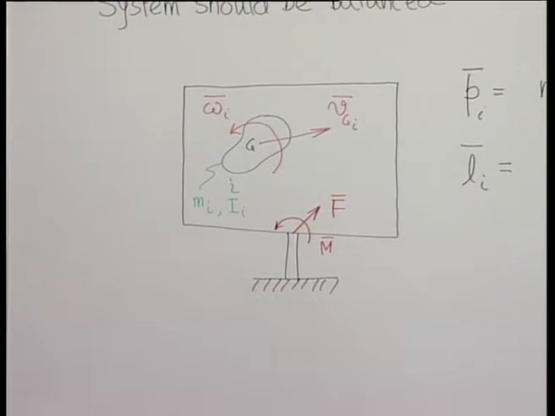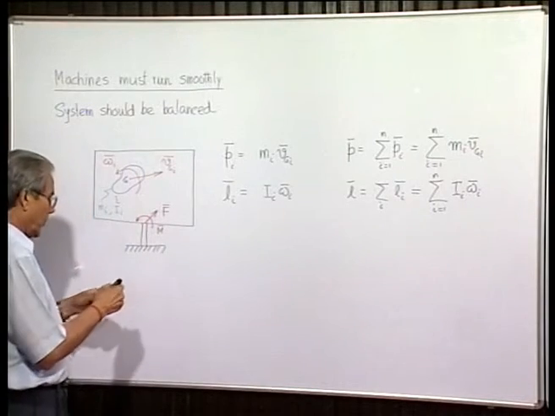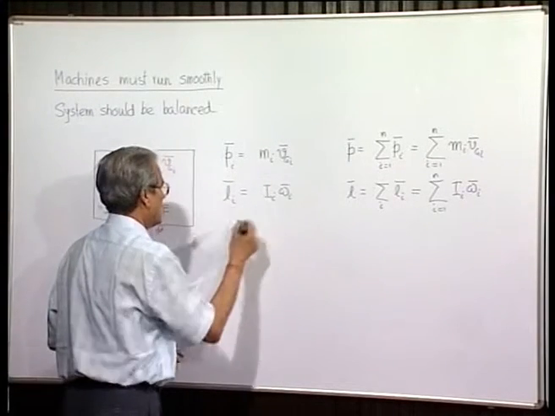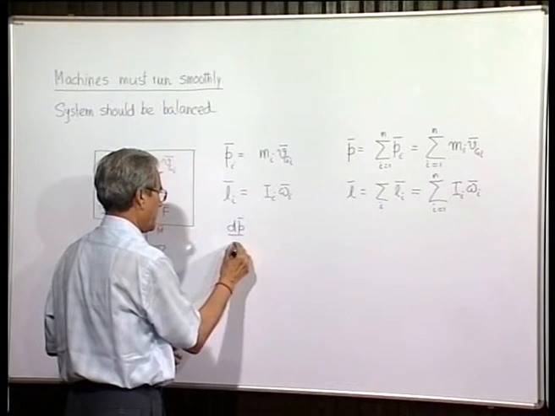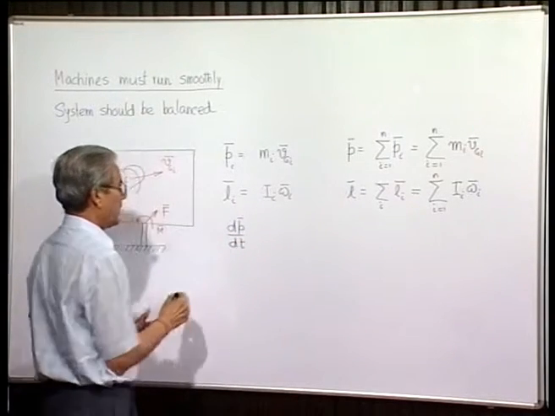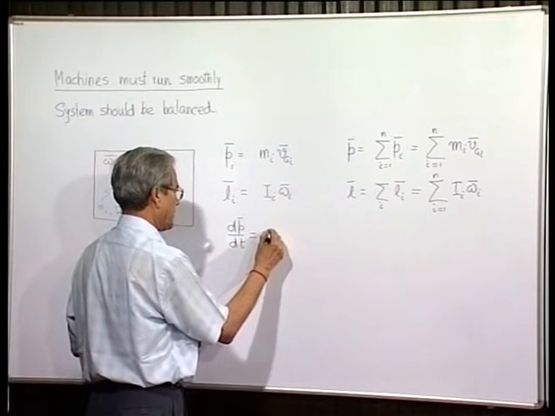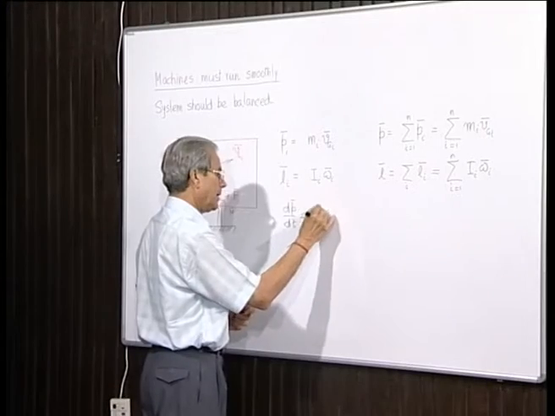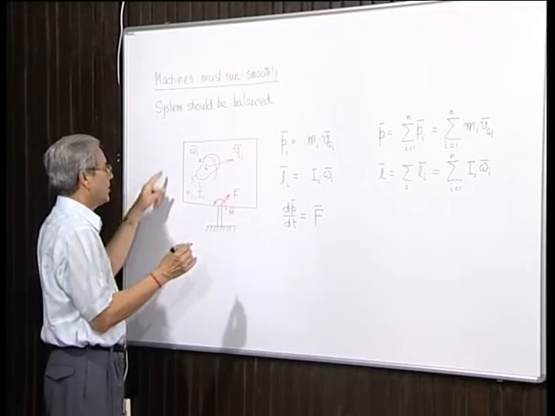On the other hand, if they are not 0, then let us see what happens. If the total linear momentum changes with time, then this rate of change of linear momentum is nothing but the instantaneous linear force acting on the whole system.